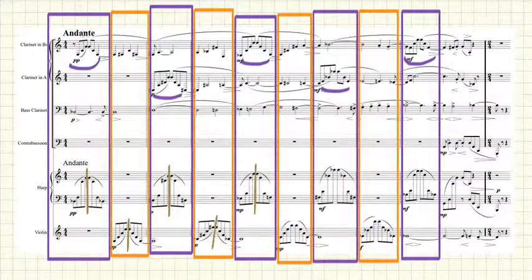Very good. This is quite nice for us, because now we're going to listen to our fragments and try to spot which ones are violet and which ones are orange. So which ones are played by the violin, we'll color them in orange, and which ones are played by harp and clarinet.